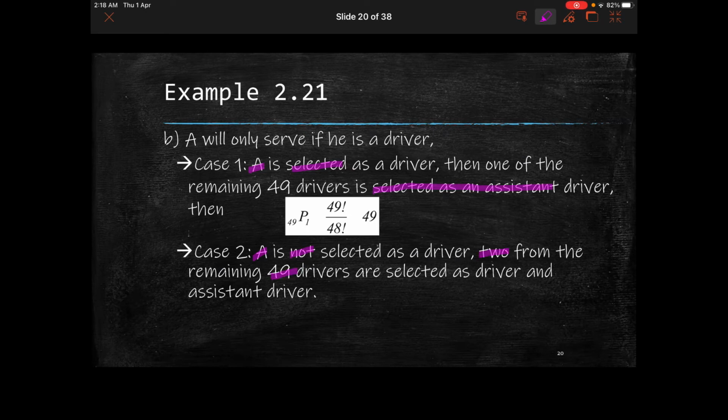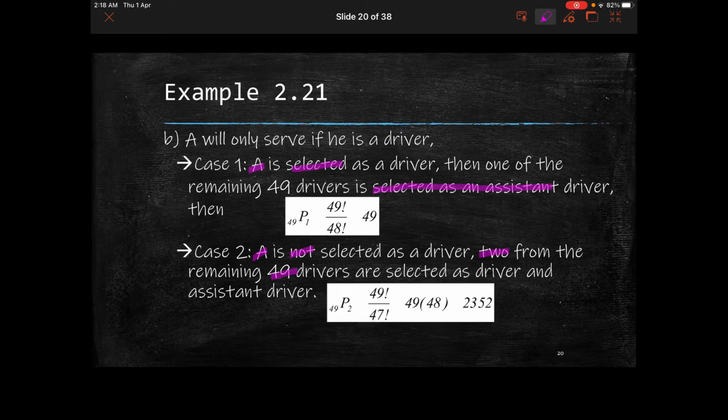Okay, so the permutation would be 49P2, and there will be 2,352 ways. Then we will get the total number of choices, 49 plus 2352 equals to 2401.